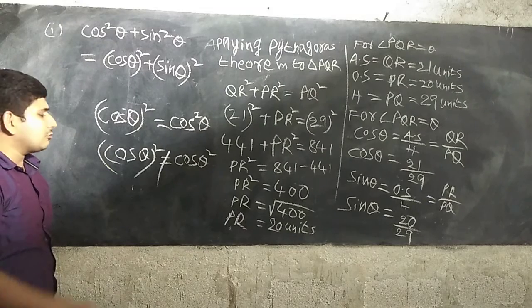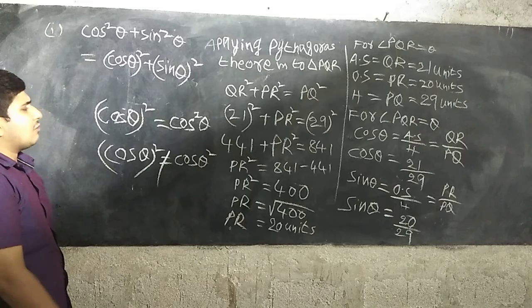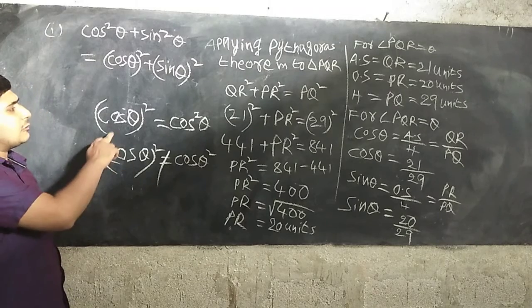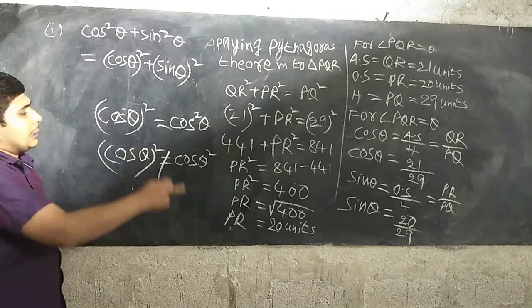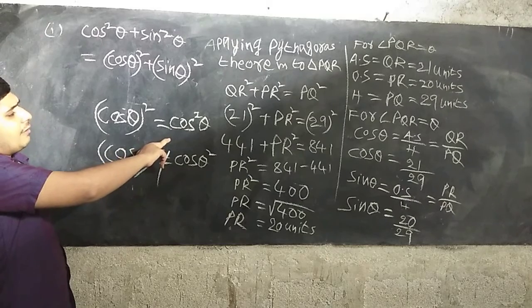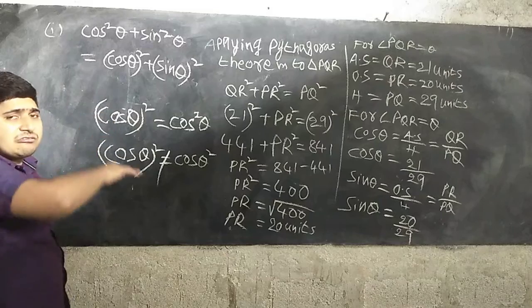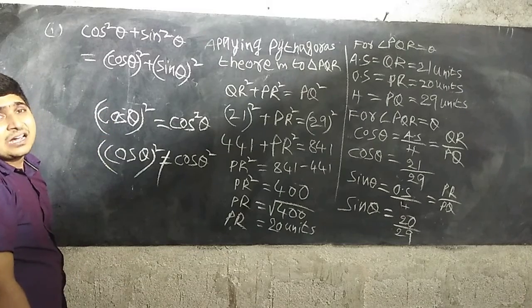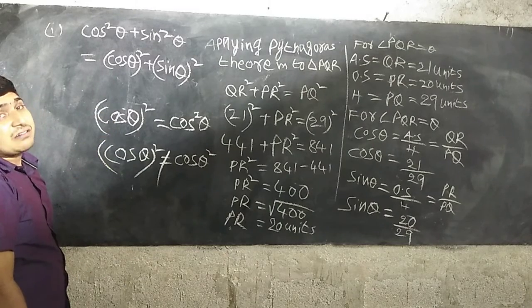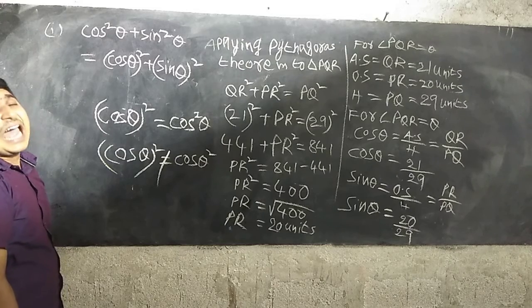So cos theta whole square is not equal to cos theta square into r. The corresponding trigonometric ratio for the corresponding angle will be squared, but the angle cannot be squared because the angle is a fixed angle.